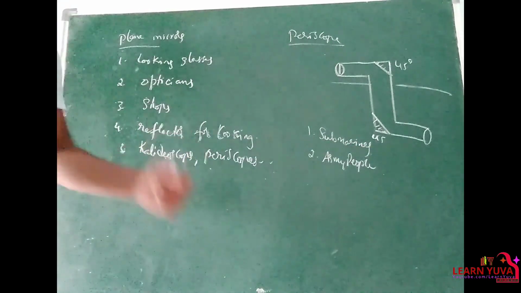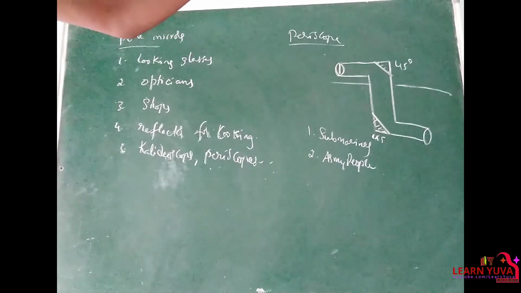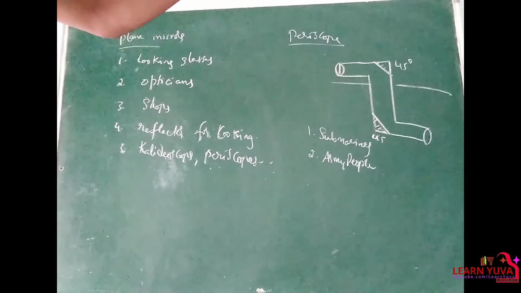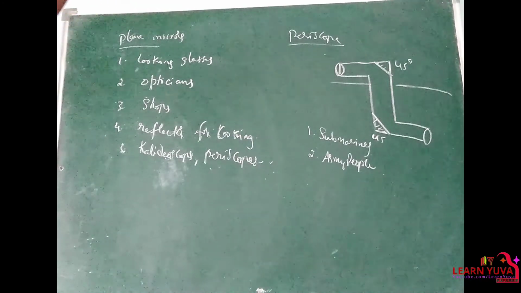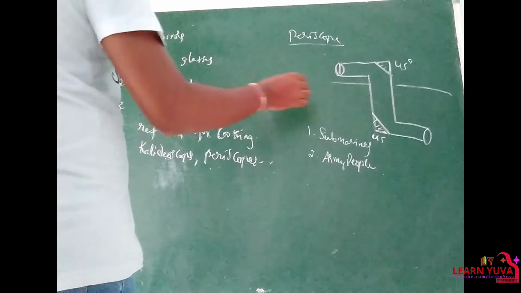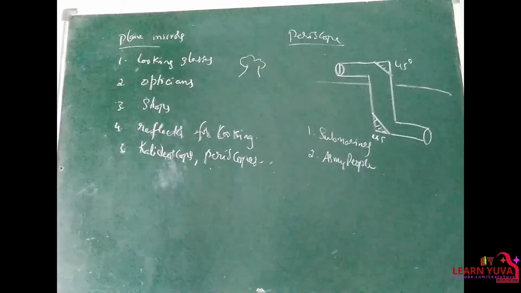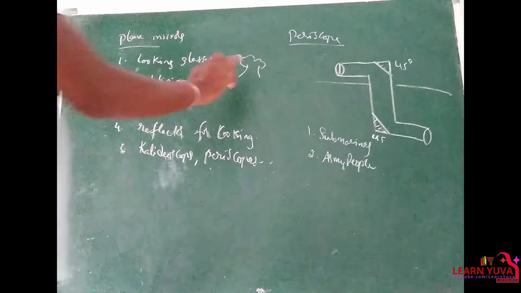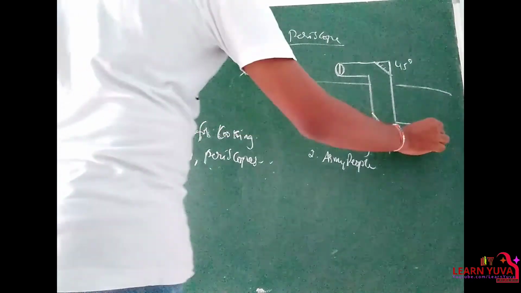So by hiding at some places, we can see the outside surface, what is happening, right? So suppose here there is a tree or some objects, and you can see this object by using this periscope by looking from this side.